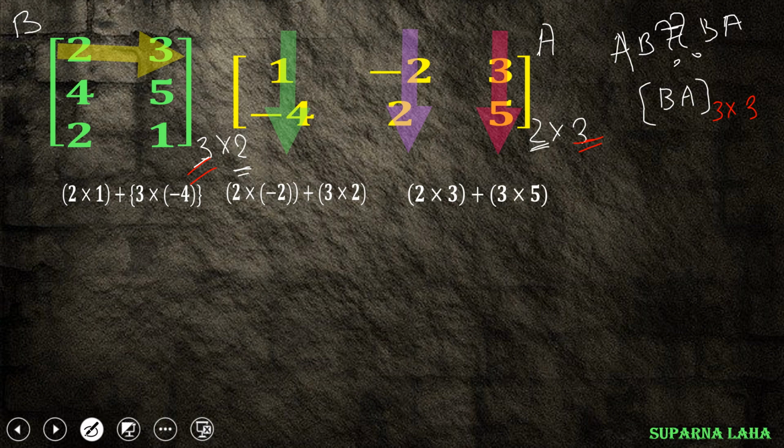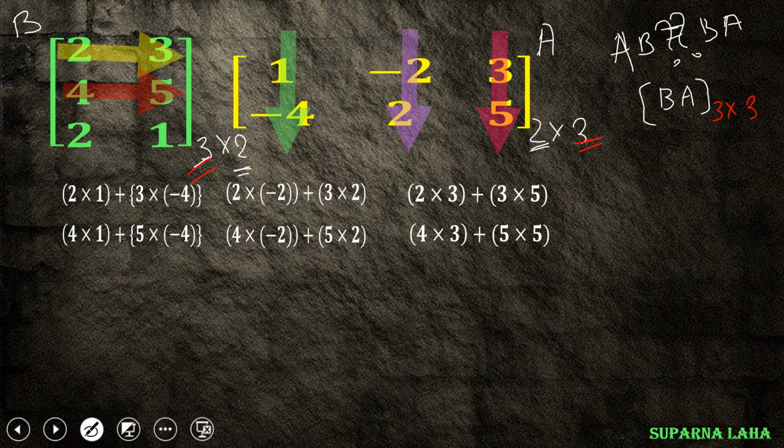Now moving to the second row. Second row, first column: 4 into 1 plus 5 into minus 4. Second row, second column: 4 into minus 2 plus 5 into 2. Second row, third column: 4 into 3 plus 5 into 5. Now moving to the third row.